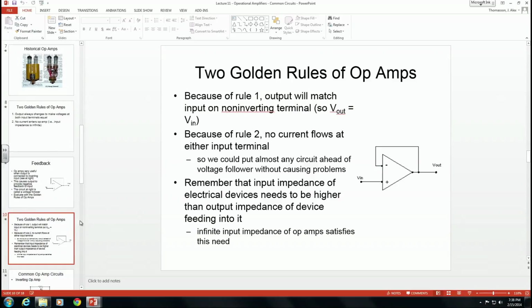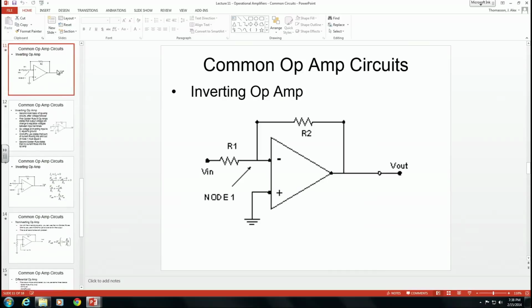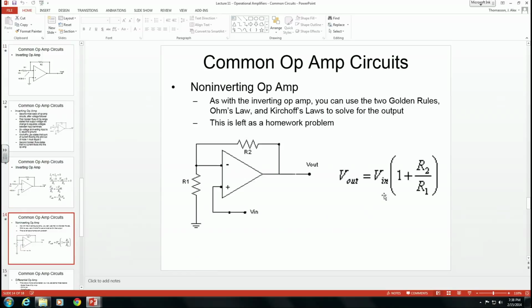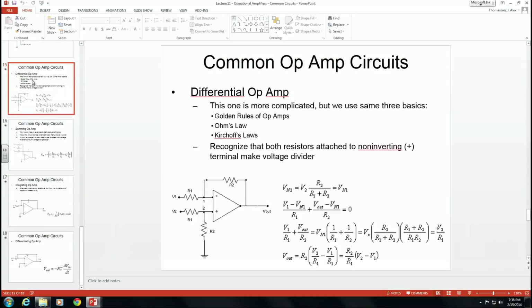Again, 2 golden rules of op-amps. Remember, make sure that you know those. You've got an inverting op-amp, and its output looks like this. You've got a non-inverting op-amp, and its output looks like that. You've got a differential op-amp, and its output looks like this.